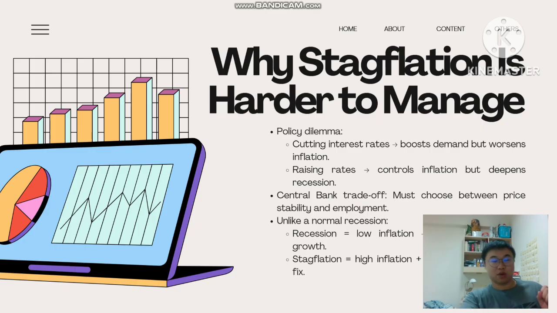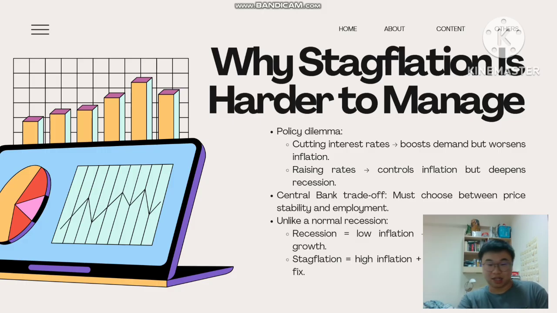And we will say why stagflation is harder to manage. It is due to some problems. For example, the policy dilemma. Cutting interest rates boosts demand but worsens inflation. Raising the rates will control inflation but deepens recession.